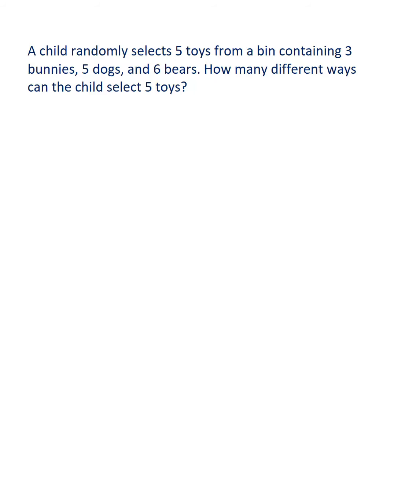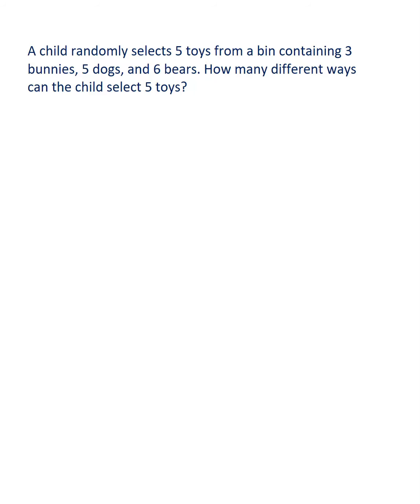Come back to the problem and analyze it to see if the order matters. Clearly the order doesn't matter, because the child randomly selects 5 toys. It could end up that the child selects all dogs, or all of them could turn out to be bears, right?